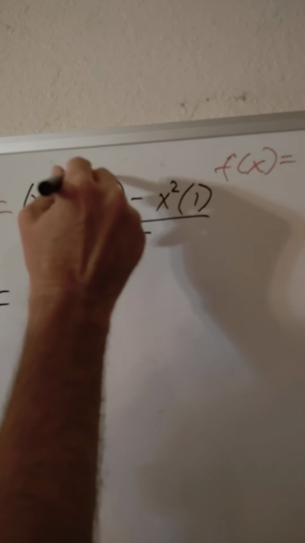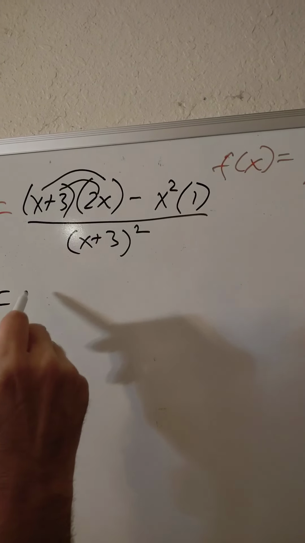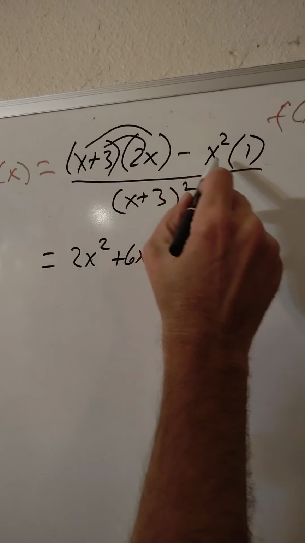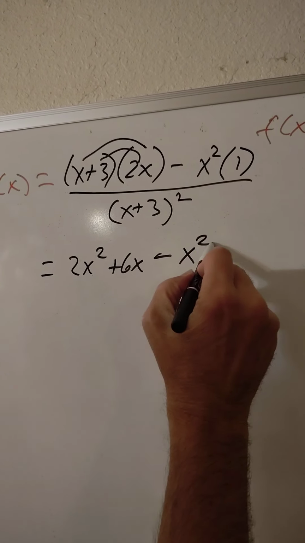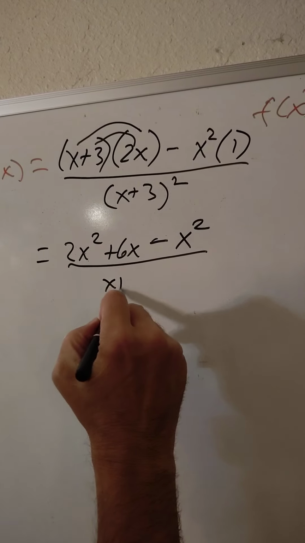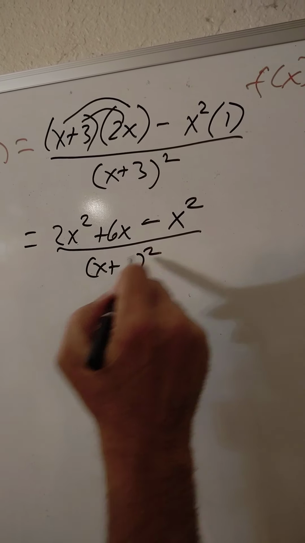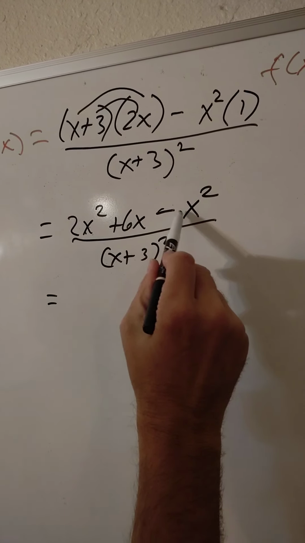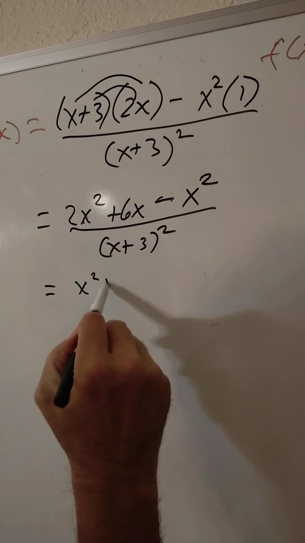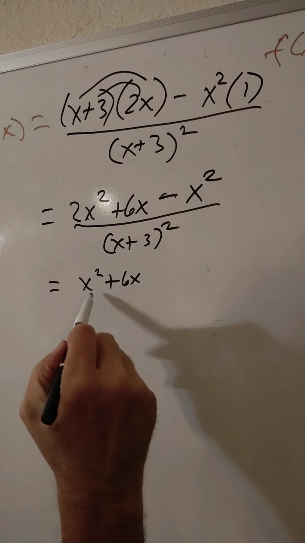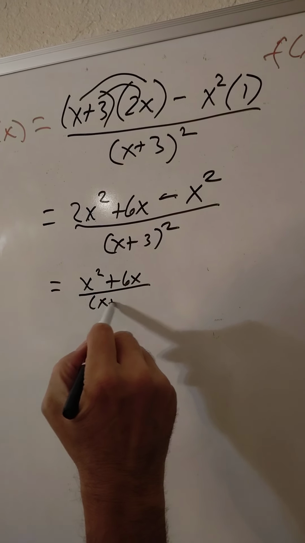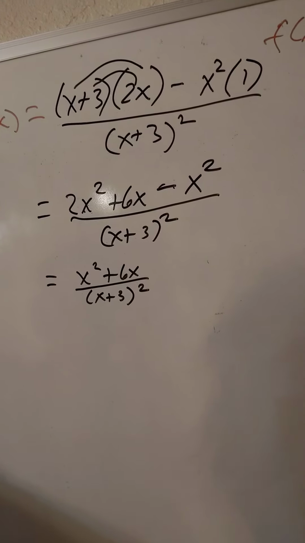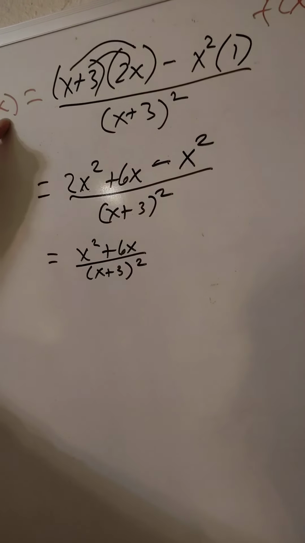I'm going to go 2x times the x and then the 2x times the 3 for 2x squared plus 6x minus x squared times 1 is just x squared all over x plus 3 squared. And then this is going to equal 2x squared minus x squared is x squared plus 6x over the x plus 3 squared.